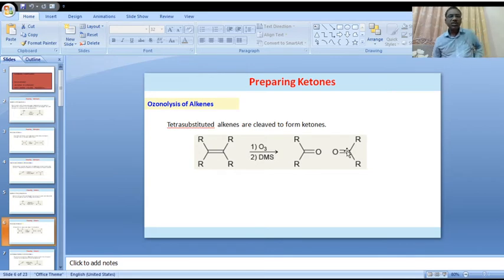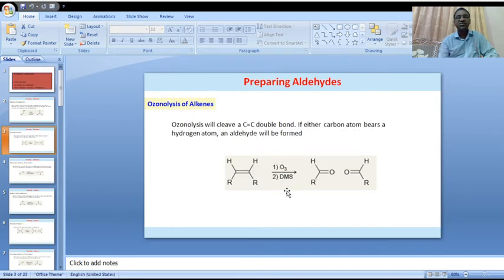Next, ozonolysis of alkenes. In this reaction, we are using a tetra-substituted alkene. In the aldehyde formation, please observe, the hydrogens are present in the starting olefin, only disubstituted alkyl.